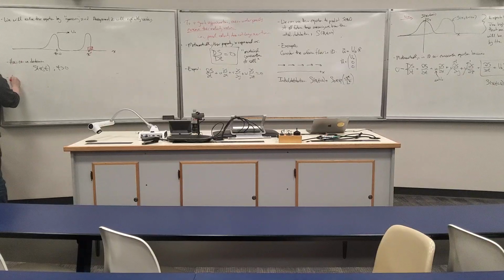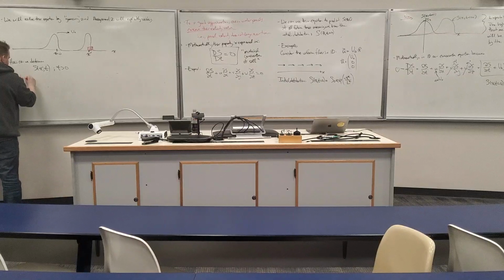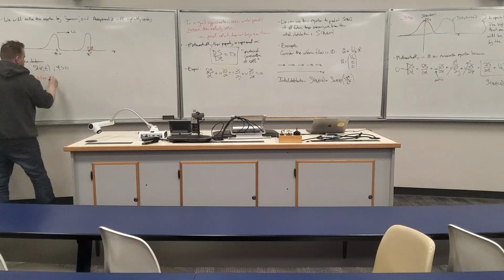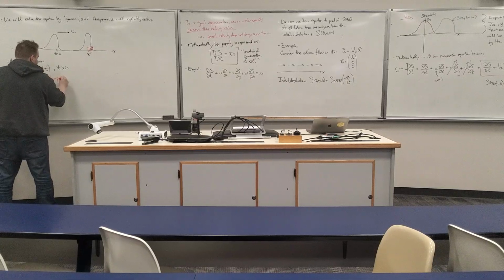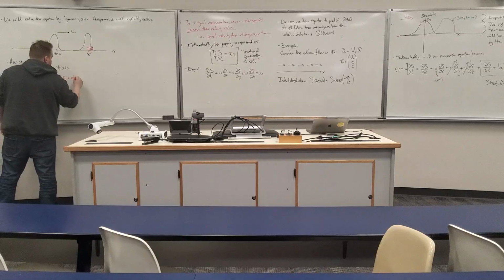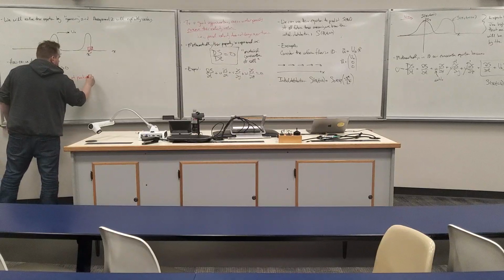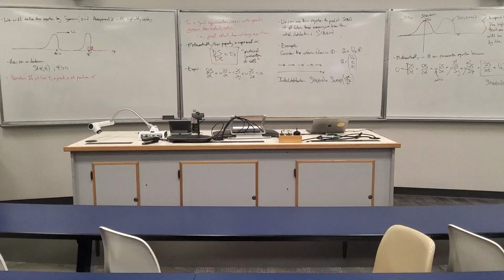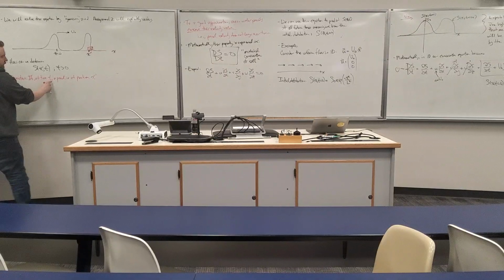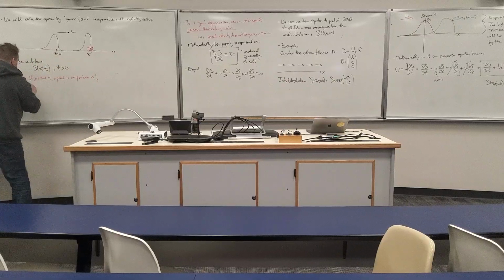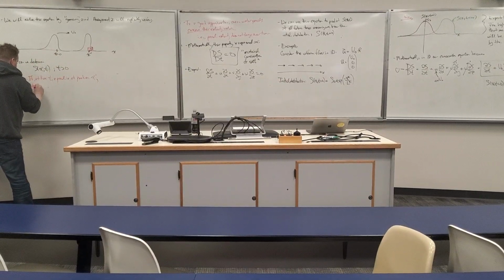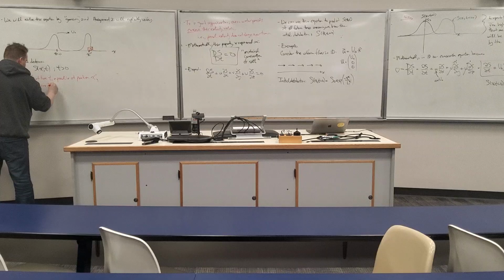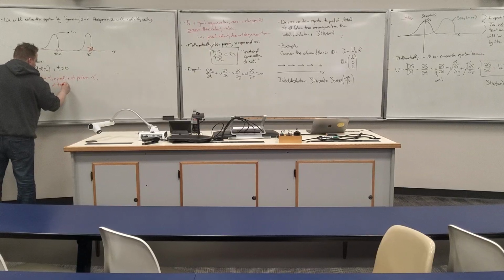So the question is, if at time t, a parcel is at position x prime, just some arbitrary position, 10 meters, 20 meters, whatever you might be interested in, where was it at time t equals 0?